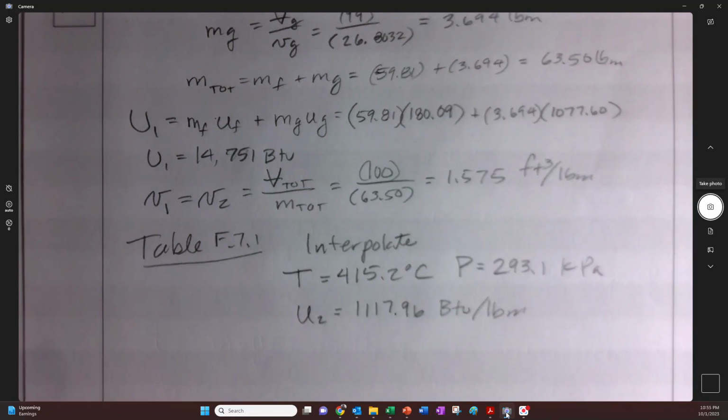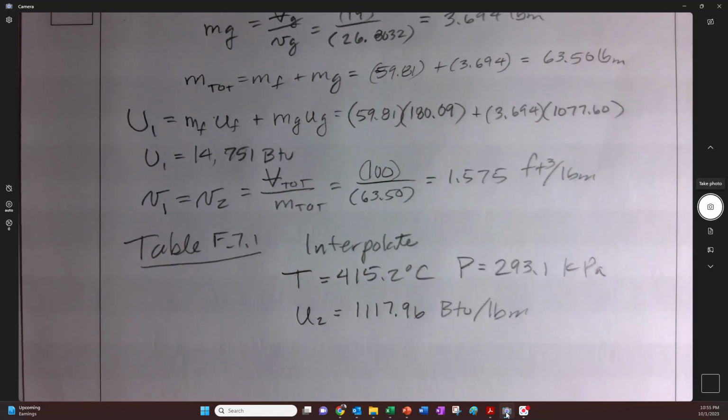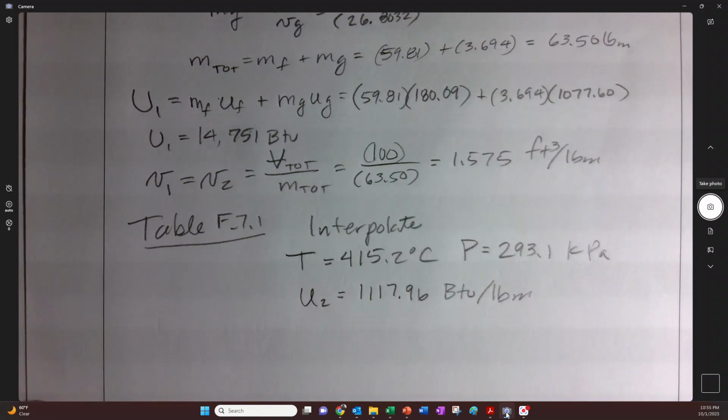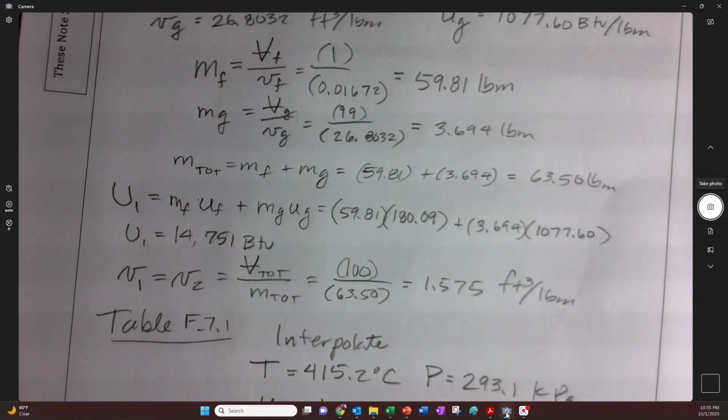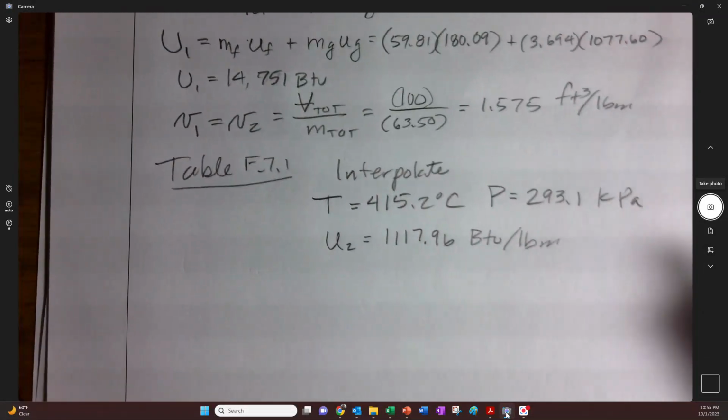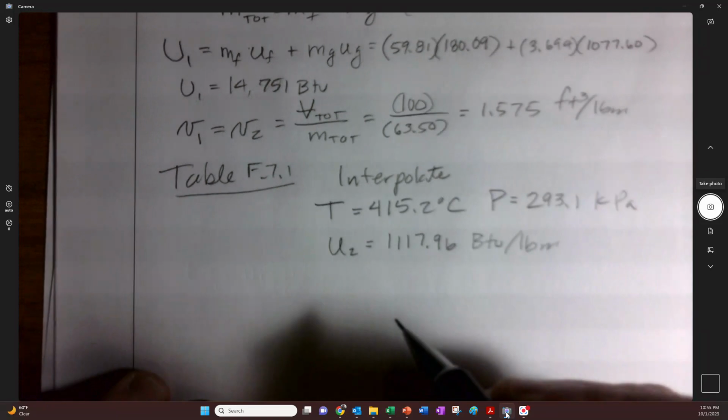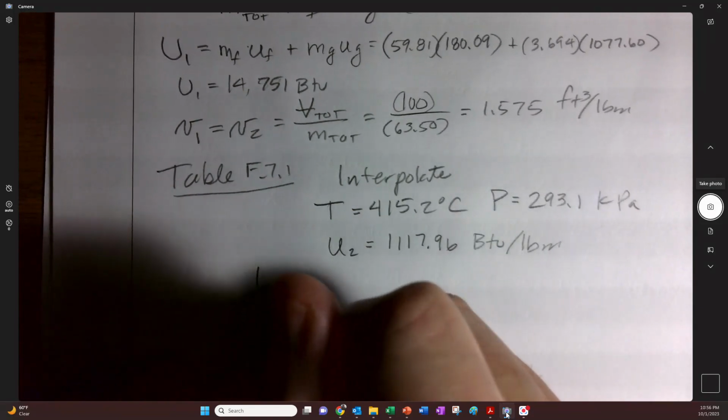I'm looking at the wrong page right here. Sorry. Those numbers are terrible. No, it's okay. We can get what big U2 is going to be.